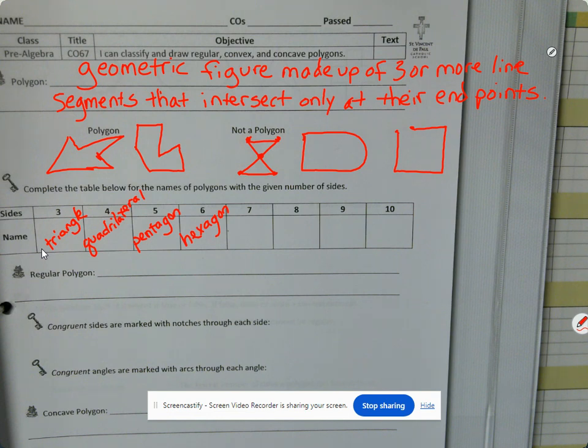Septagon. Some of this is based on Greek, some is based on Latin. We need to know that 7-sided can be called a septagon or a heptagon. Both of those are 7-sided. Septa and hepta both mean 7. 8-sided, Matthew. Octagon.